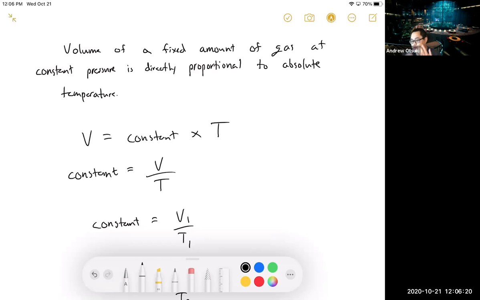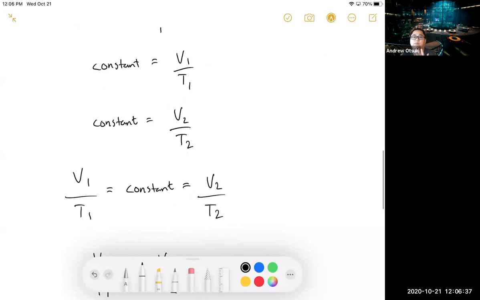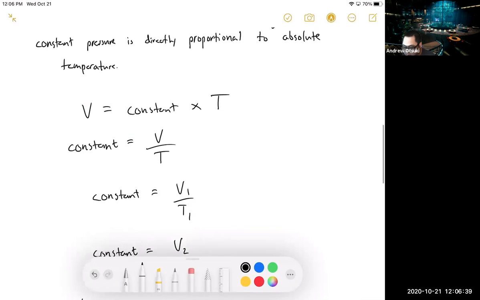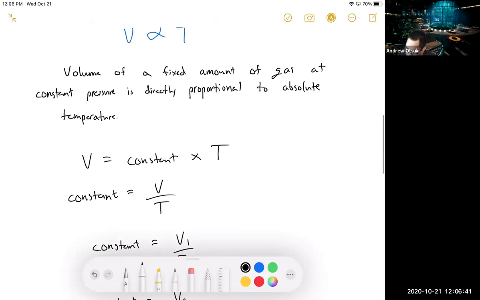So the reason we add a constant is because we want to change it to an equation to be able to solve for variables when we're given a word problem, and we'll go over that in the next slide. So let's look at the next slide. Let's put this into practice.